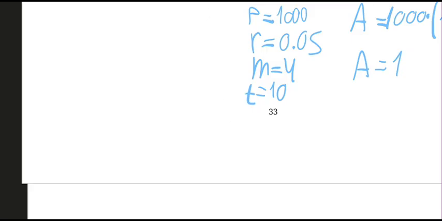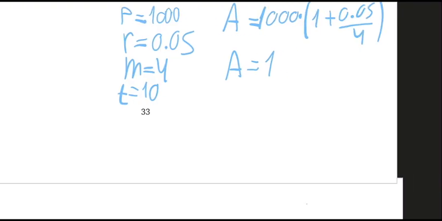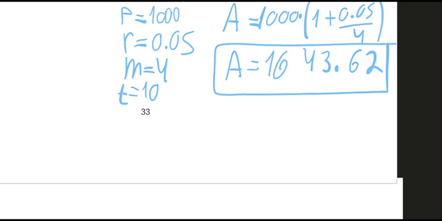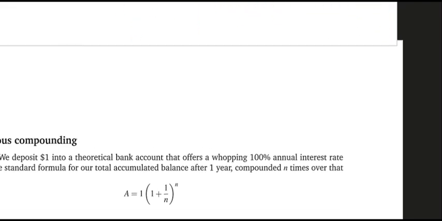Just bear with me for 1 moment. Then this is going to be 1,643 and 61 cents if I round to 2 decimal places, or maybe even 62 if I want to round that up to the nearest cent. So that's basically how much money I will have in my bank account. $1,643.62 approximately.